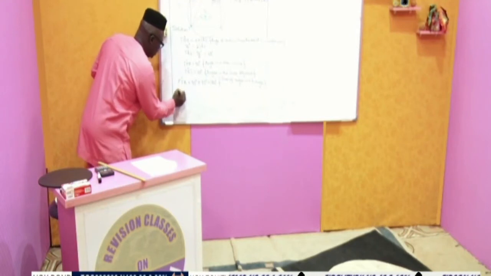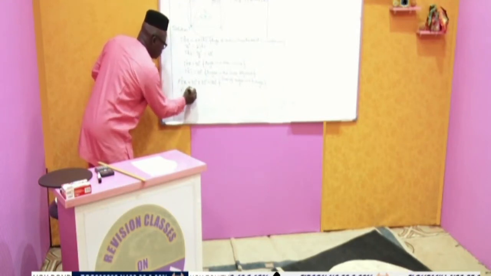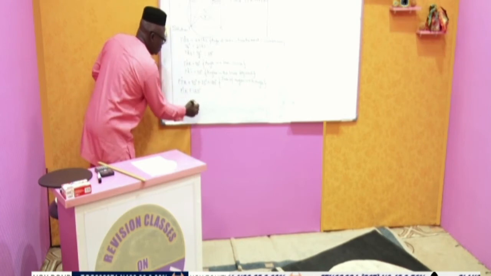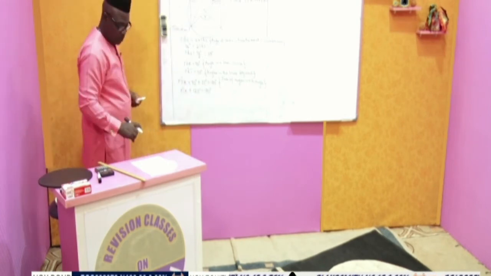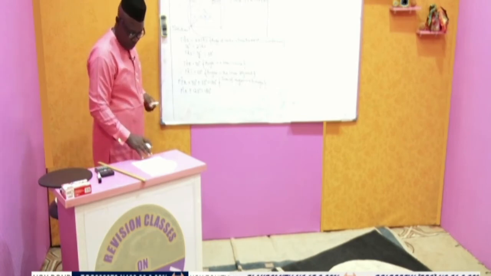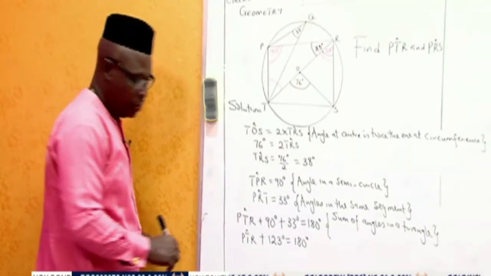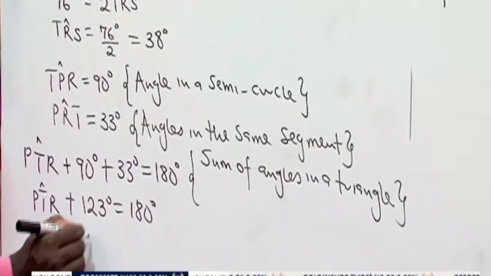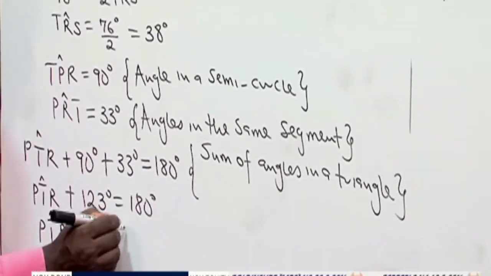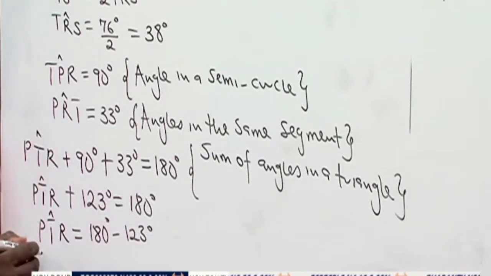So at this point, PTR plus 90 plus 33 is 123 degrees. All is 180. So at this point, we can now say PTR is 180 degrees minus 123 degrees.